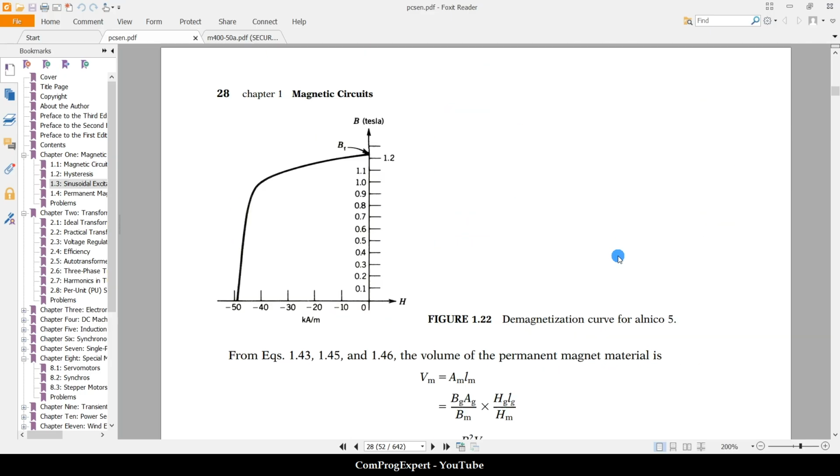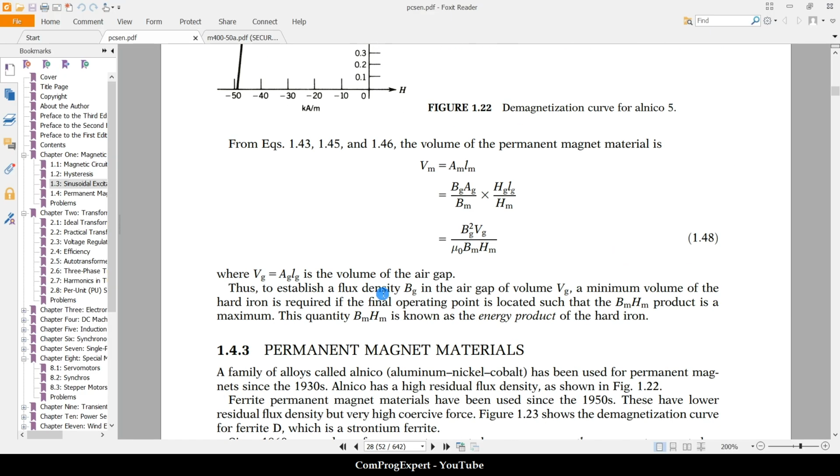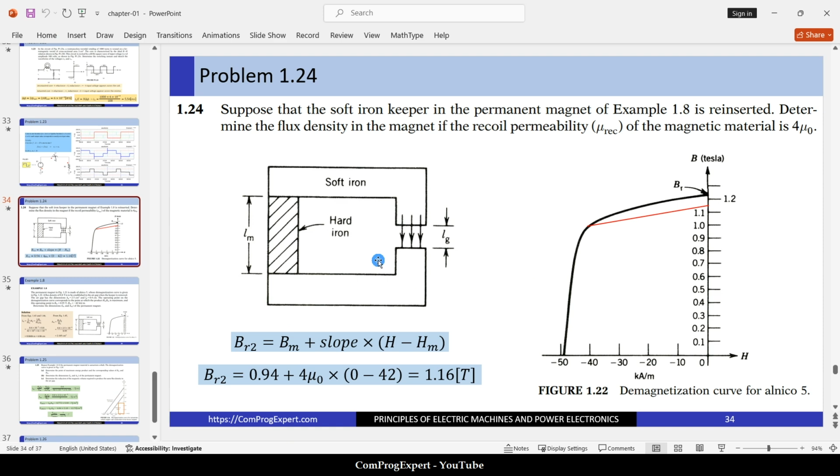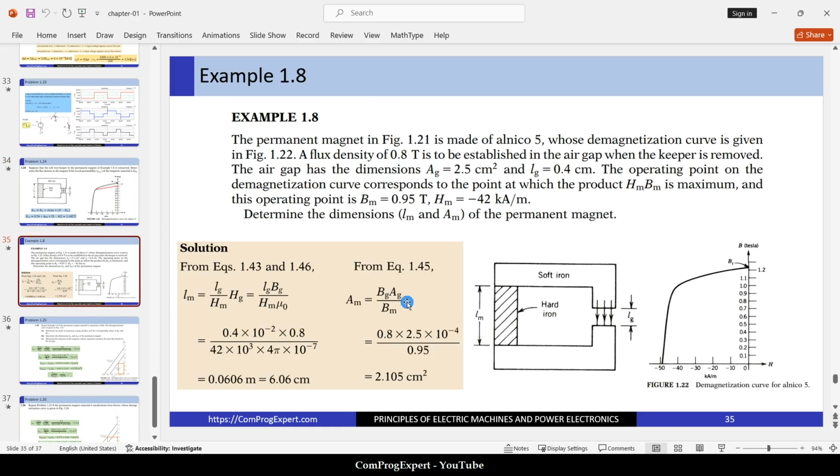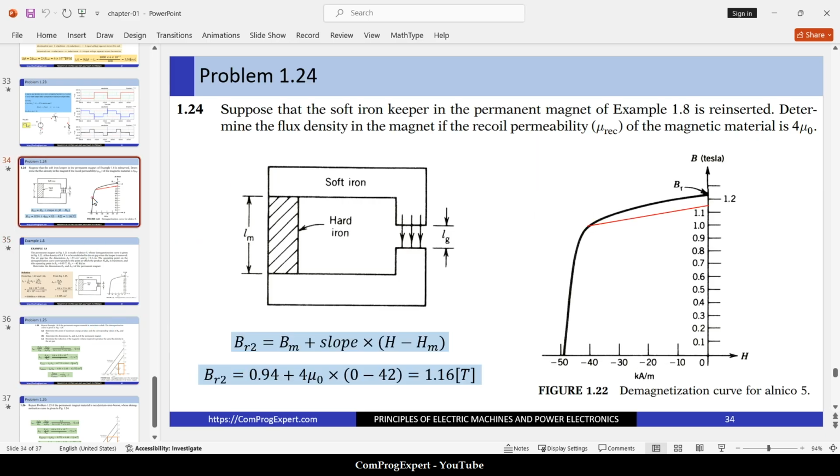So how can we calculate it for our problem? This is the problem. Yes, just the equation of this red line. This is the equation of the red line. We know the BM and HM, the operating points. We have these two numbers in this example and we have dimensions. So you have the slope 4 times mu 0.